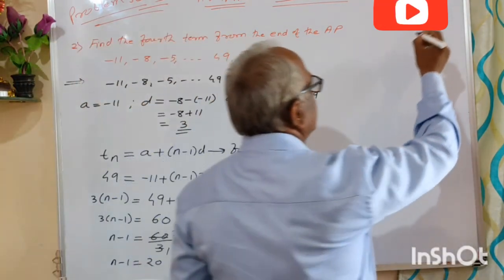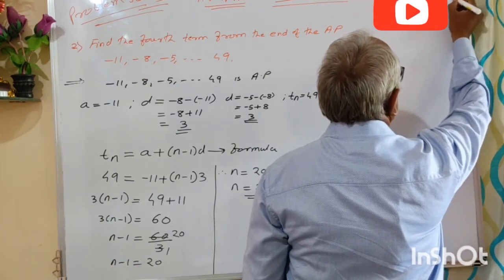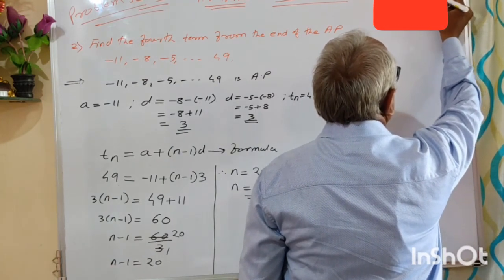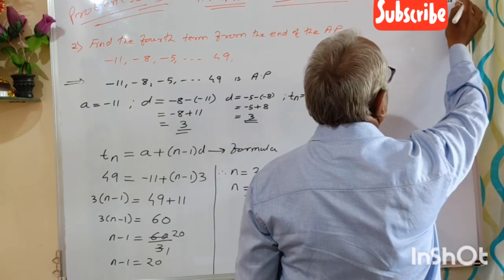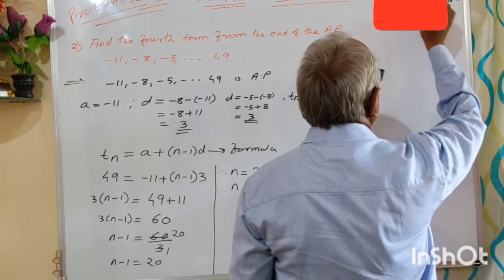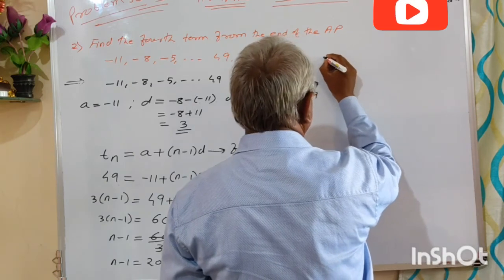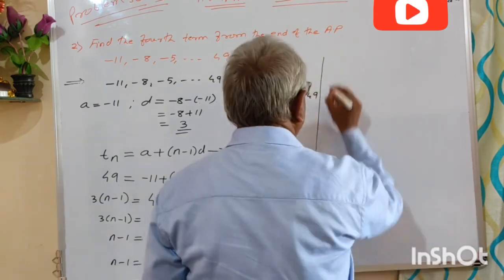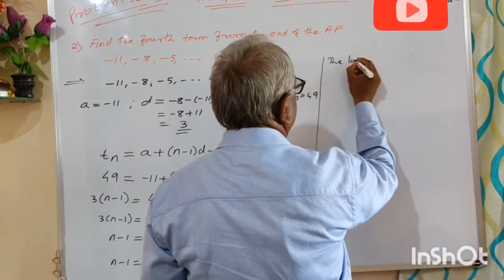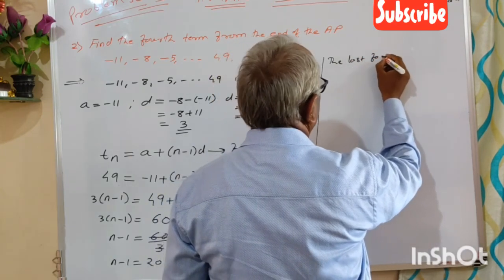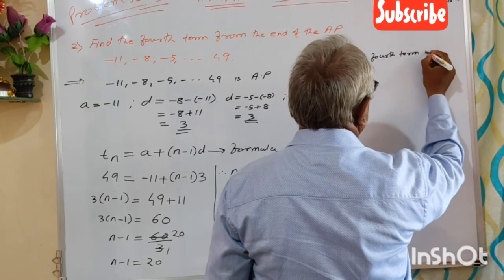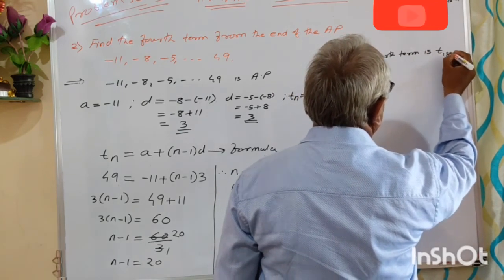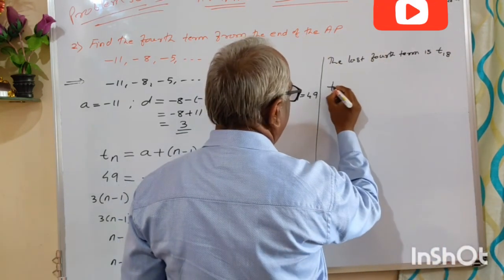Now see here, this is T21, then T20, then T19, and this is T18. That is first, second, third, fourth. The fourth term from the end will be T18.